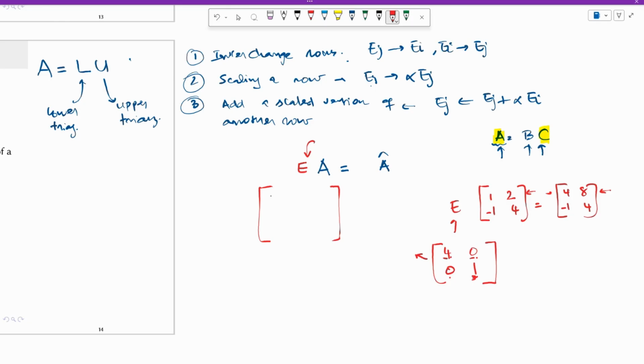Alpha here. The first row of A cap is alpha times the first row of A. That means I only take alpha times the first row. I don't take anything else. Starting from the second row, everything else remains the same. That means for the second row, I only take the second row, make everything else 0, and I do the same thing for all of them.